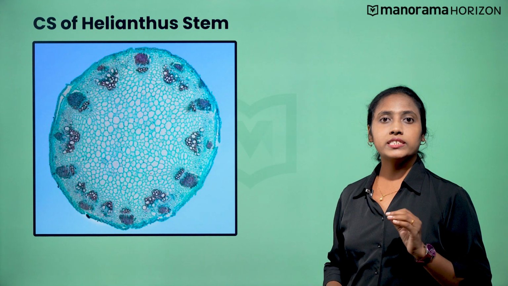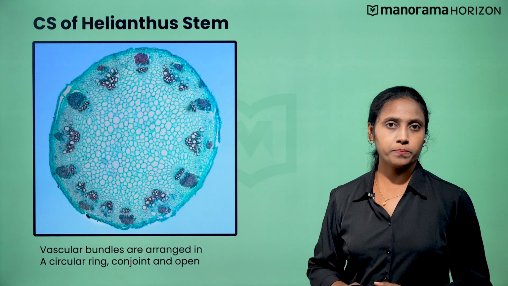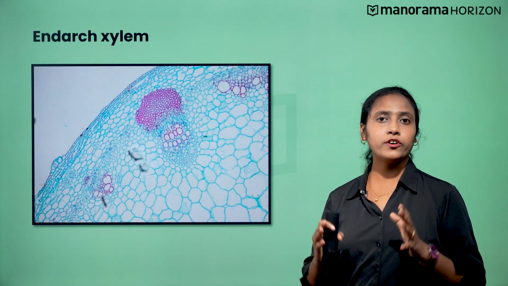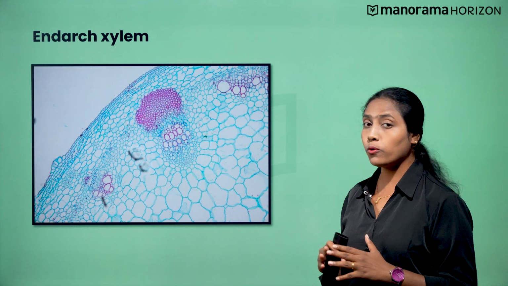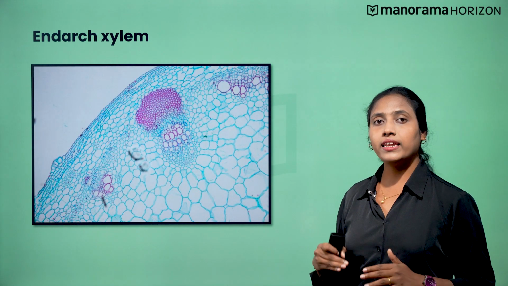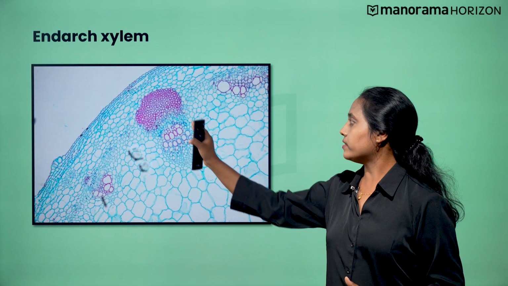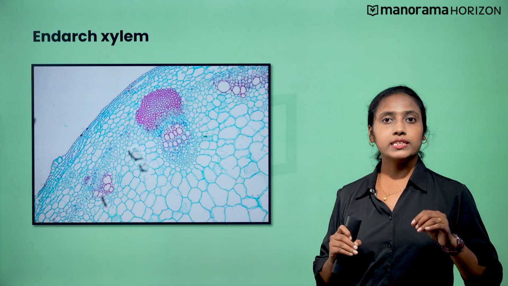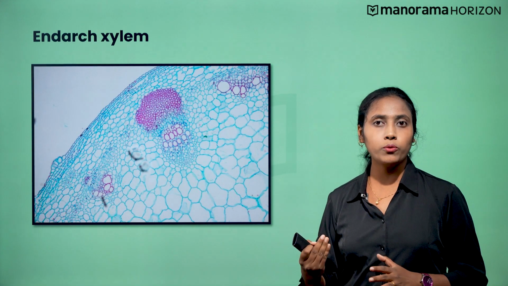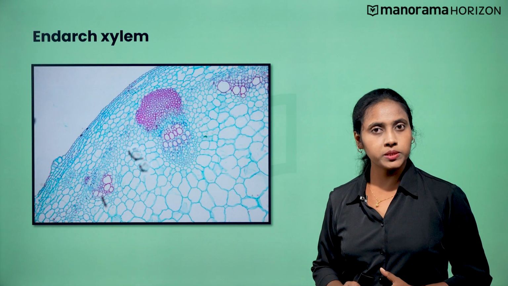Each bundle is conjoined, open, and has endarch protoxylem. Endarch is the arrangement in which the first formed primary xylem, that is the protoxylem, is arranged towards the center, and the later formed xylem, that is the metaxylem, is arranged at the periphery. The center of the stem is called the pith, which is occupied by rounded parenchymatous cells with large intercellular spaces.